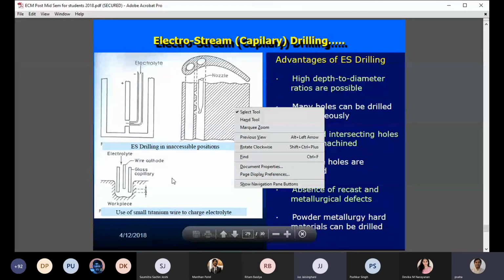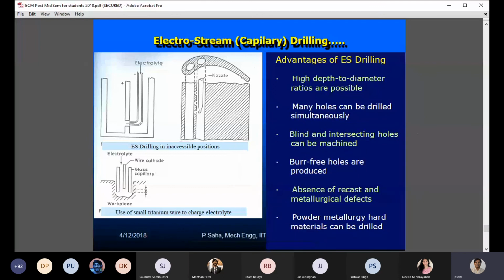Okay, I'll do it. This is a PDF, I think the pen is not there. Just follow my cursor. Are you able to see my cursor? Yeah, it's visible. In this particular case, electrolyte is going inside the glass tube, and it is exiting through this path.